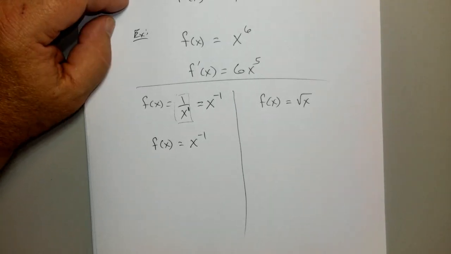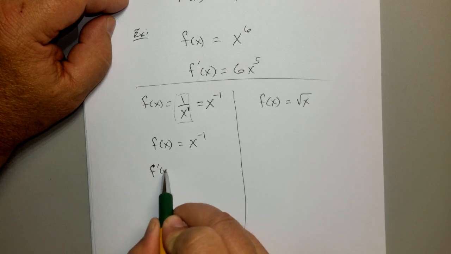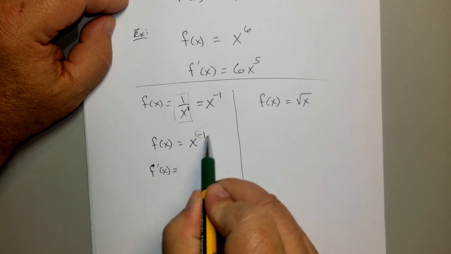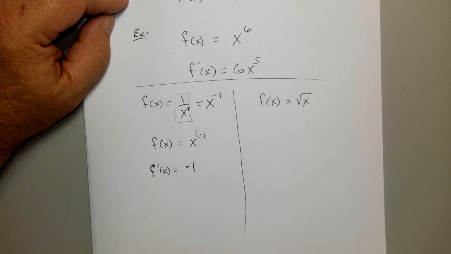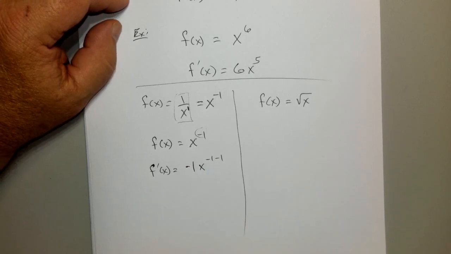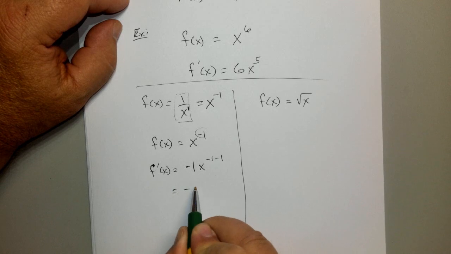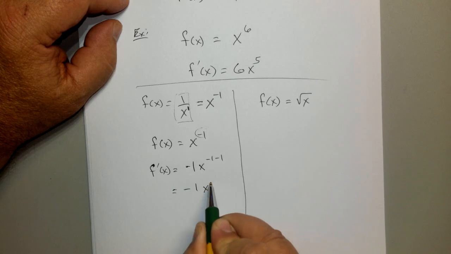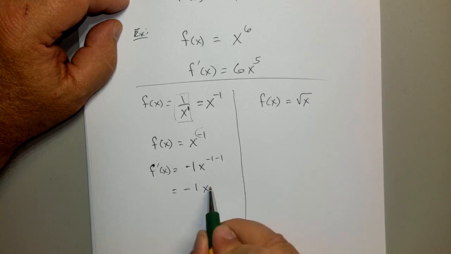Now we can use the power rule. What does the power rule tell us to do? Bring down the exponent, and then subtract 1 from the exponent. We have negative 1, x to the power what? Negative 2.